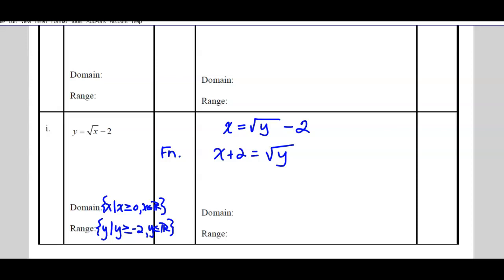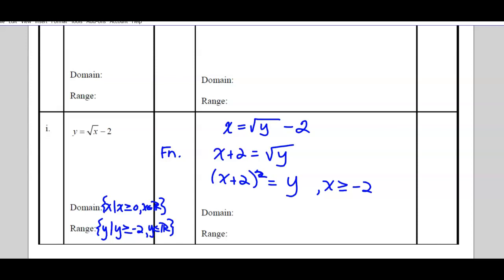So I'm going to square both sides, get the y by itself. And then you need to also state that x has to be greater than or equal to -2.